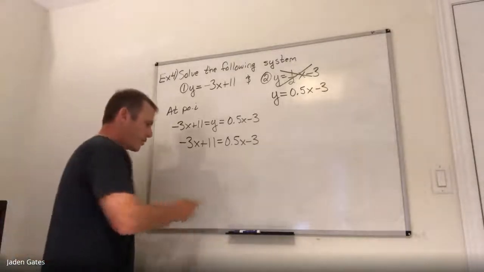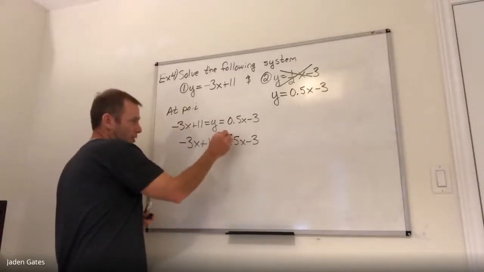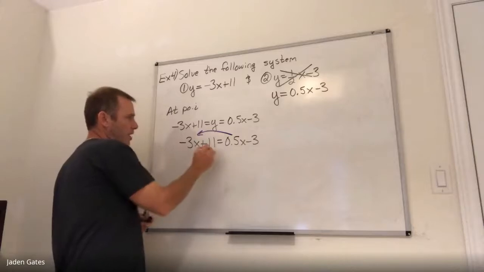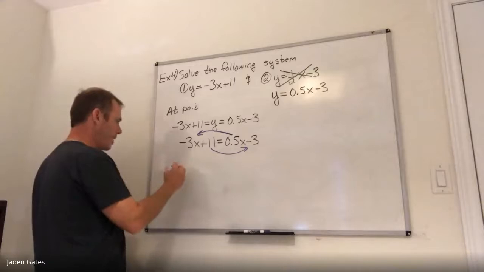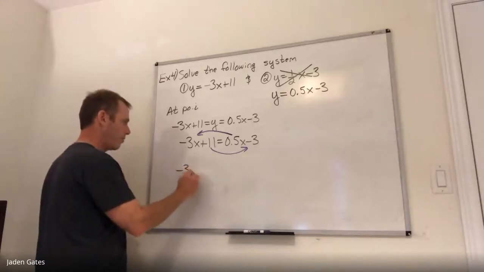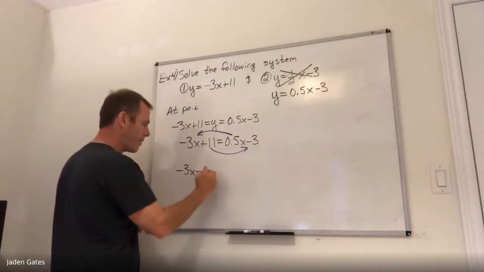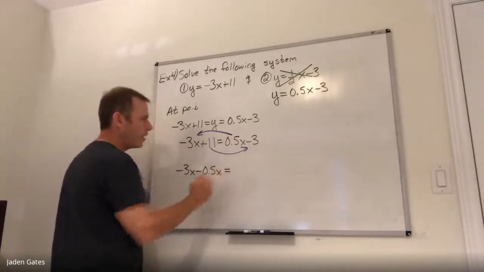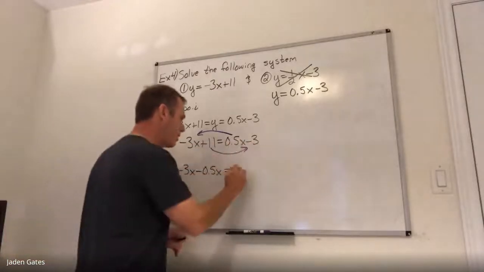To solve for x, I'm going to get my x terms on one side, numbers on the other. I have minus 3x. The 0.5x switches sides, so it's going to be a minus 0.5x. On the other side, I have my numbers. Watch your signs here, minus 3.